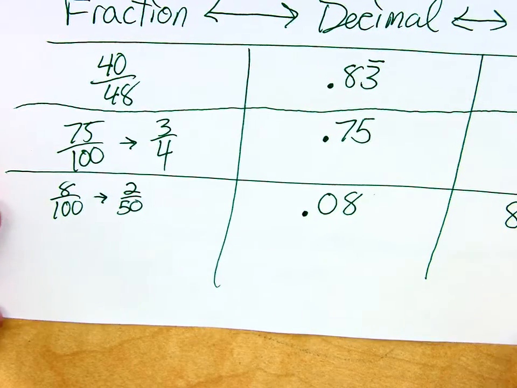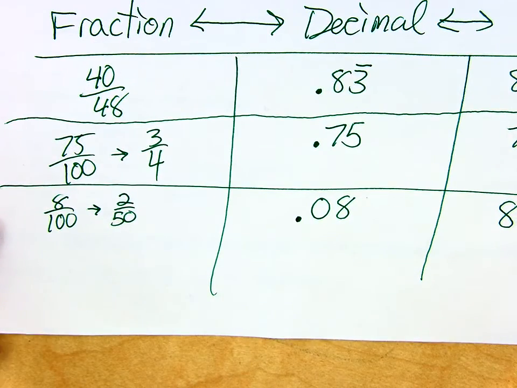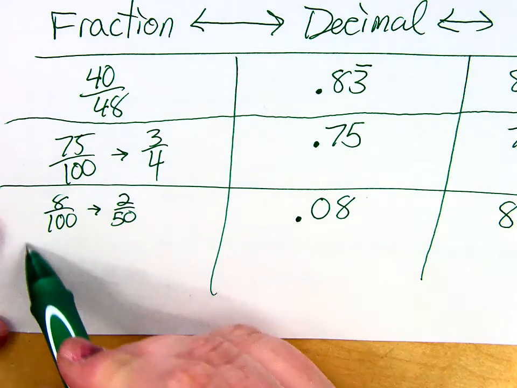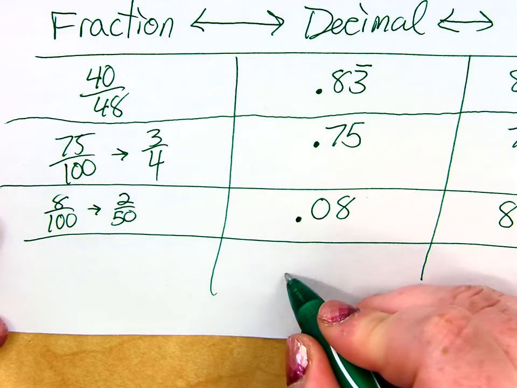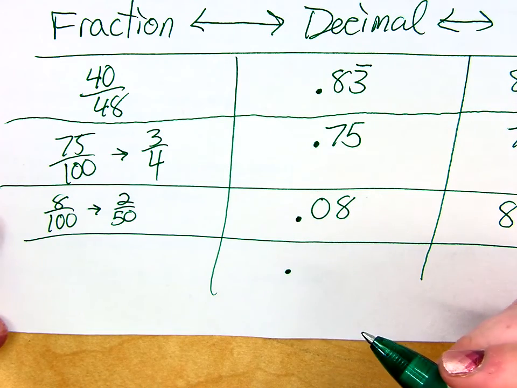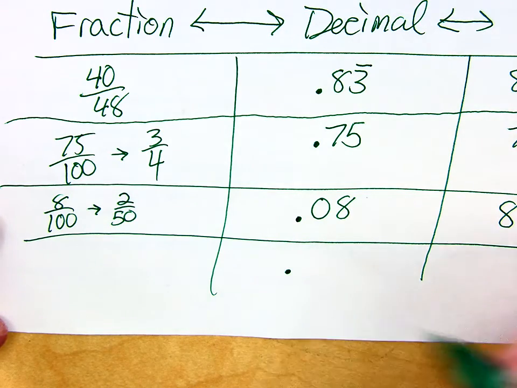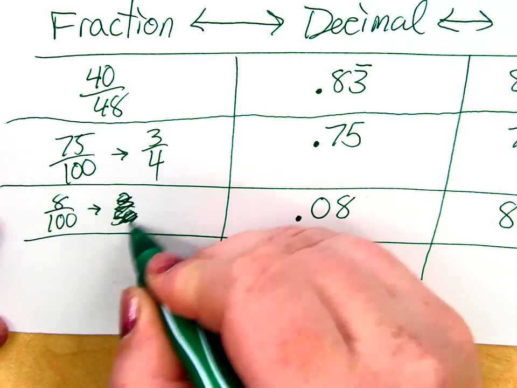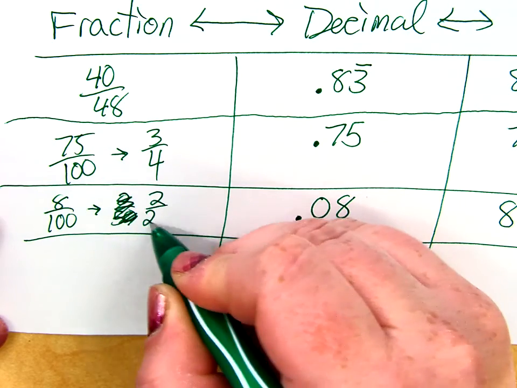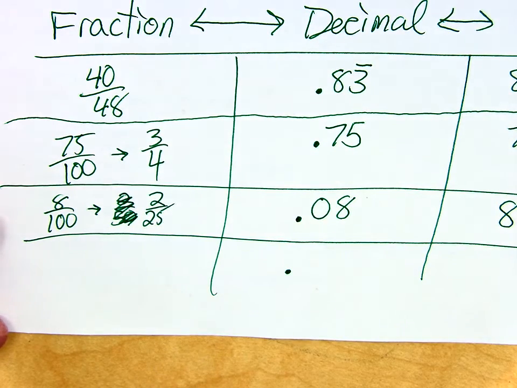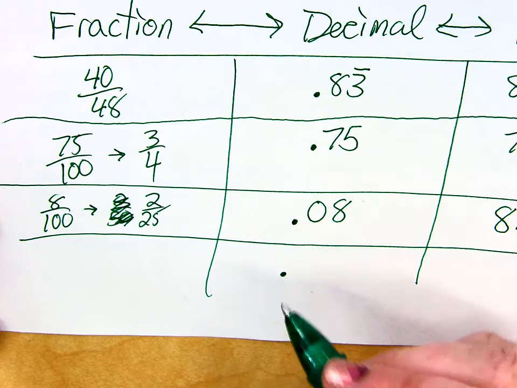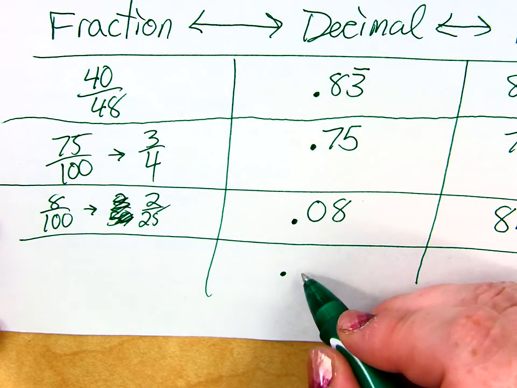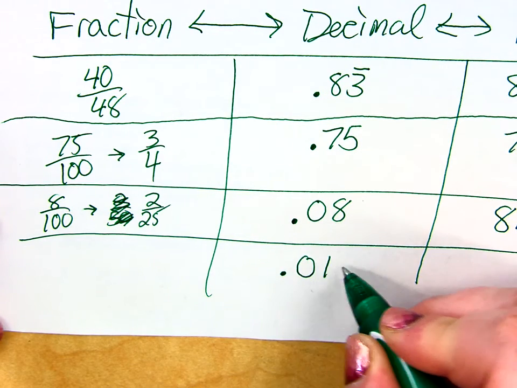Okay? Now, not all decimals are 2 decimal places either. Oh, whoops, thank you. 2 over 25. Thanks. Let's do a decimal that's 0.012.